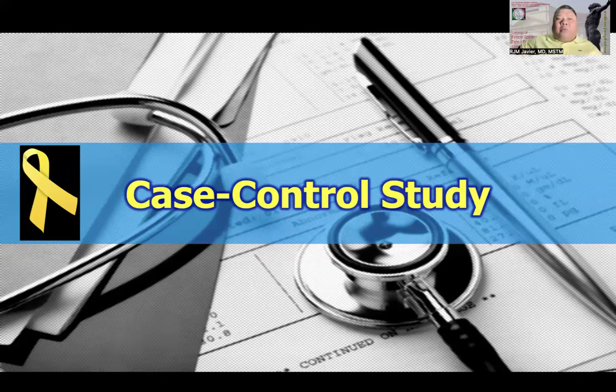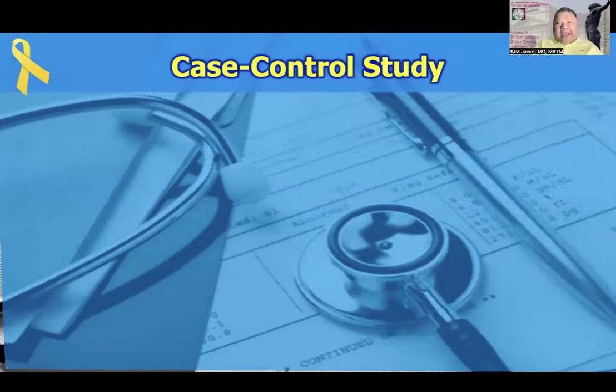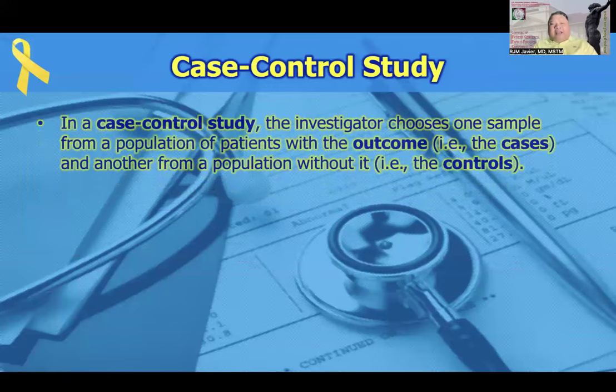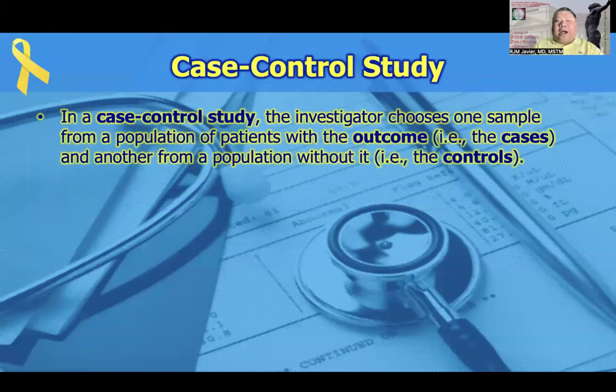And I want to begin with the case control study. When I talk of your case control studies, the investigator will choose one sample from a population of patients with an established outcome, meaning to say they're already diseased. I'm sorry, they have the disease, not diseased as in dead.